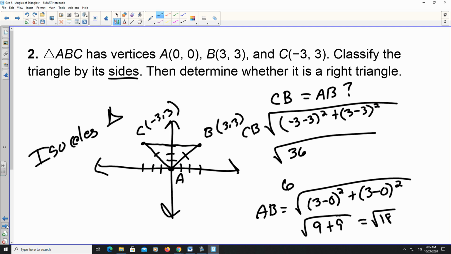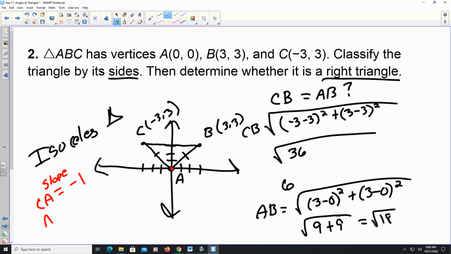Looking at if it is a right triangle, I want to see if the vertex at point A is a right angle. The only way that is a right angle is if the slopes are opposite reciprocals. So if I look at C to A, it's down 3 to the right 3, so CA has a slope of negative 1.